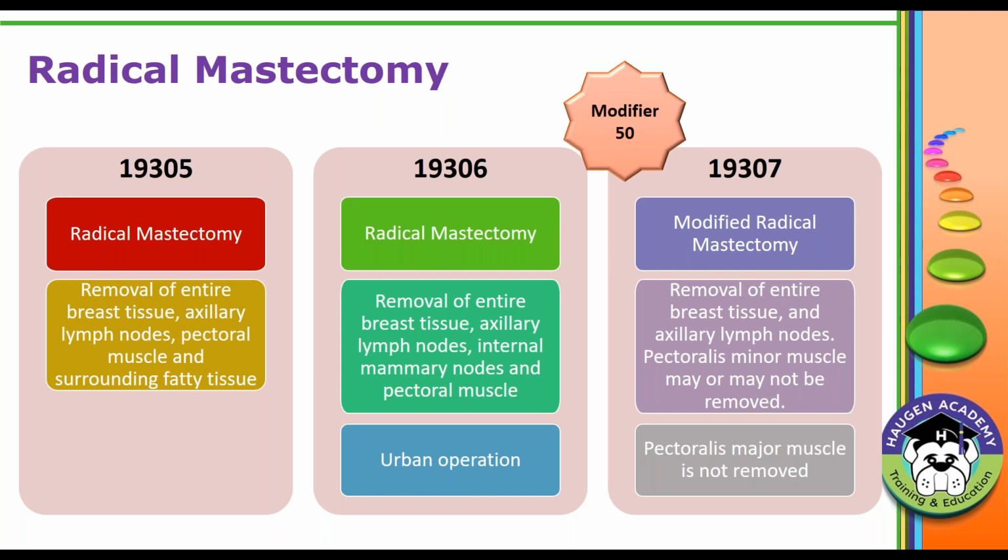This procedure can be performed in the following 2 ways. They can remove the entire breast tissue, axillary lymph nodes, pectoral muscle, and surrounding fatty tissue, and that would be 19305. That includes the pectoral muscle and the axillary lymph nodes.